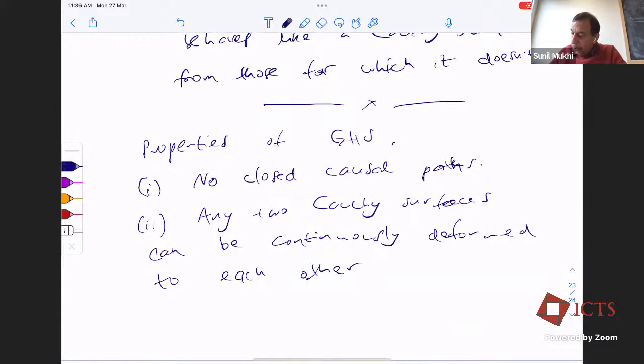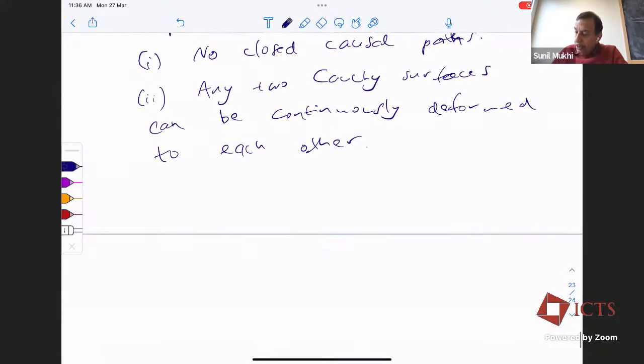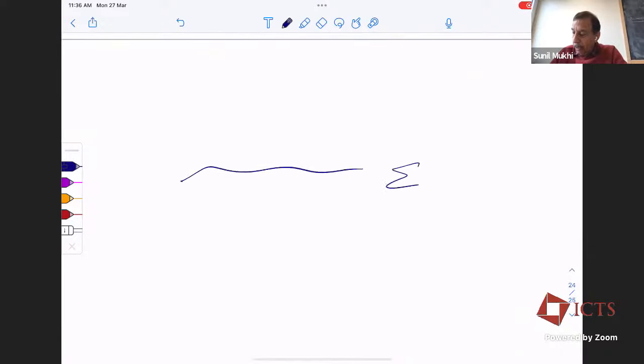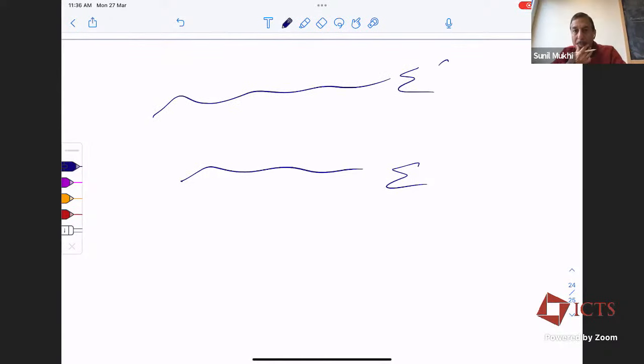And a lot of fun comes from this. So here's a Cauchy surface. Let's draw Cauchy surface sigma, and someone else draws a different Cauchy surface sigma prime. So the claim is that I can just take the upper one and move it smoothly without any singularity or breaking or anything, until it coincides with the lower one.